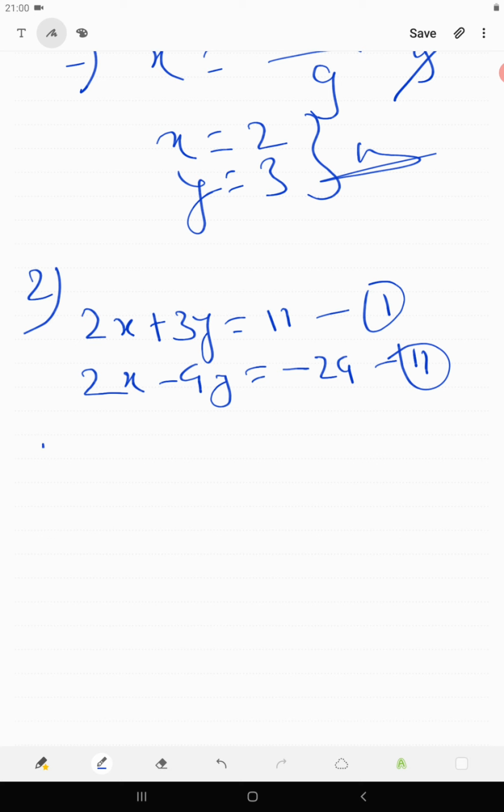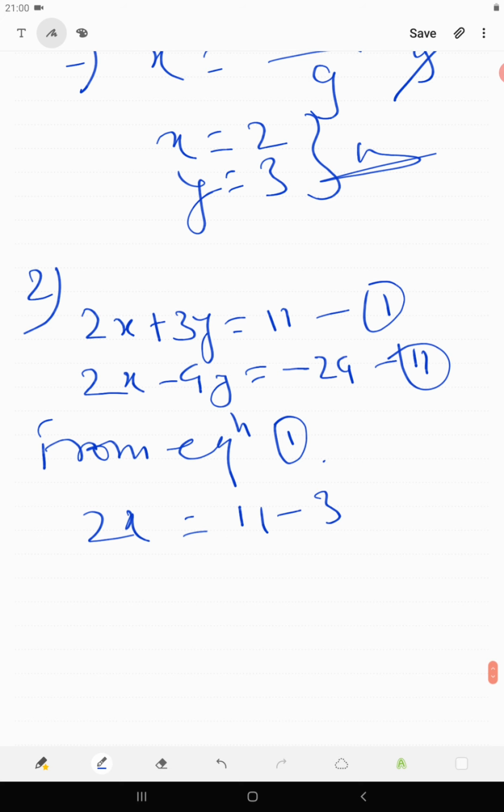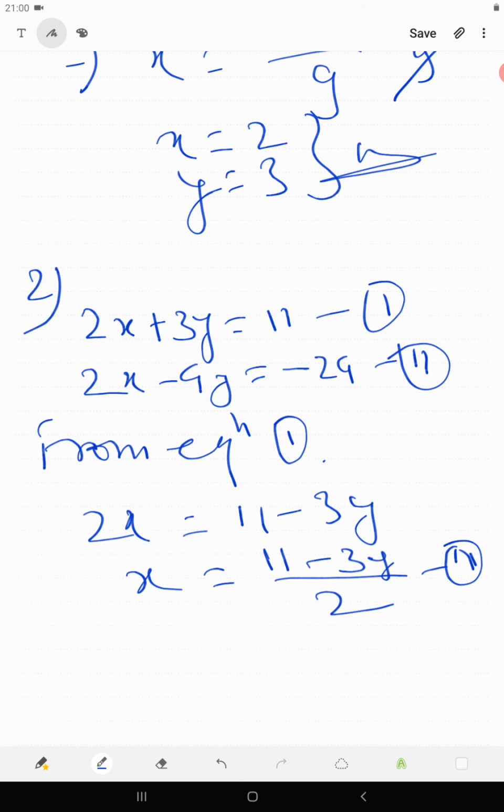Okay. So from equation 1, what will we see? 2x equals 11 minus 3y. Correct? So now 2 is multiplied with x, it will become division on the right hand side. So x equals 11 minus 3y by 2. This is our equation 3.